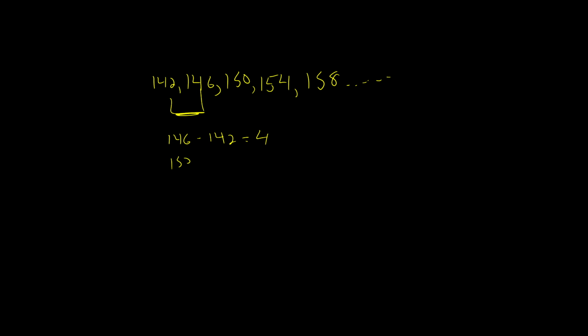So for example, the book is going to use, try to get my numbers right here. And so on and so on, and the sequence can continue onwards. If I look at any two terms in here, 146 minus 142 is 4. 150 minus 146 is 4.